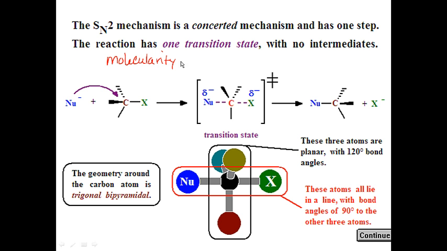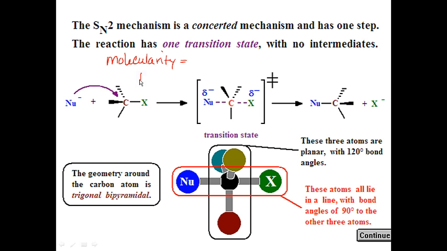And the molecularity is how many molecules react in the rate determining step of the mechanism. Now actually molecularity can be defined for any step in the mechanism, but in this case we have only one step, and therefore only that one step is the rate determining step. So how many molecules react in this elementary step of the mechanism?